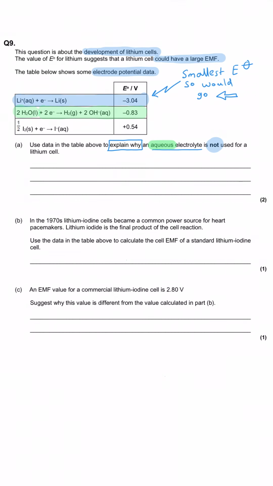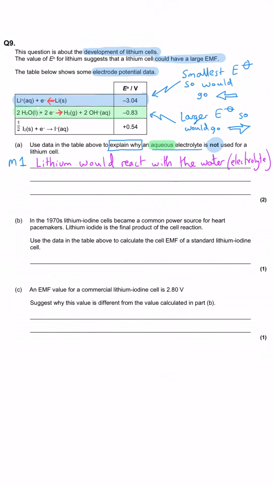The water's electrode potential is larger, still negative, but much larger than lithium's. So what would happen is the lithium half equation would go backwards, and the water half equation would go forwards. In other words, lithium would react with the water present in the electrolyte.